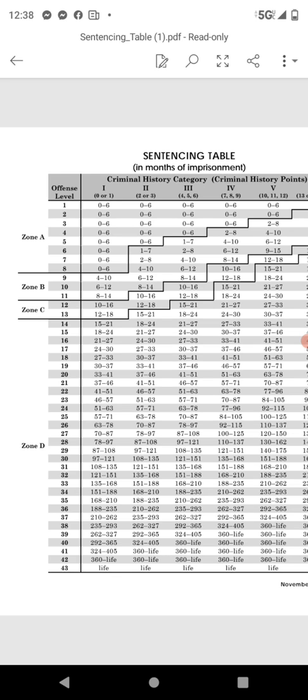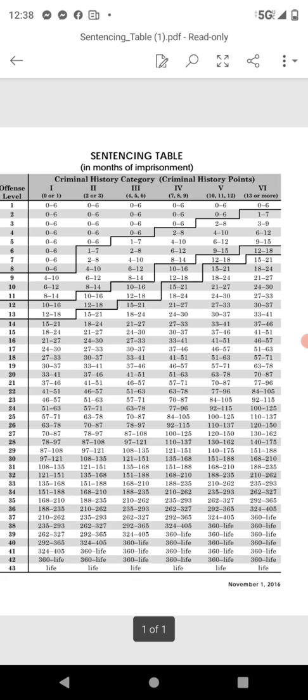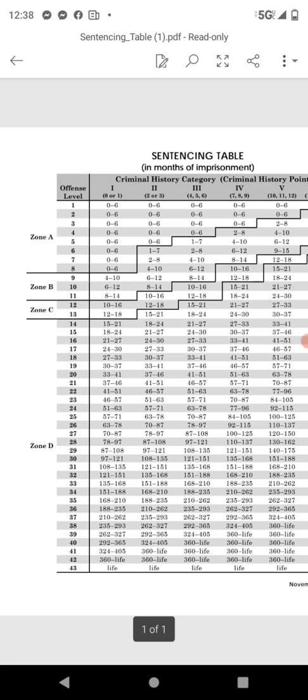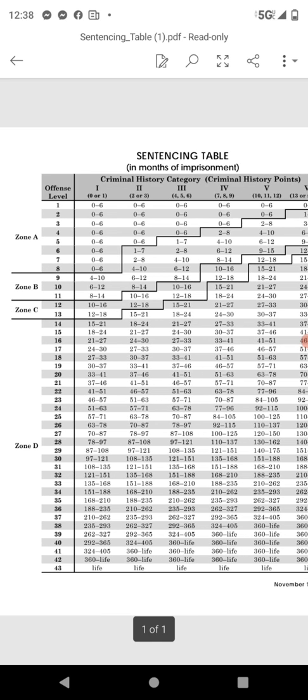That's the range for that. And as you go over, you will understand that every time you've ever been in trouble, it counts against you on this grid. But what I want to focus on is category number 1, because a lot of these people involved have never been convicted of a crime before.